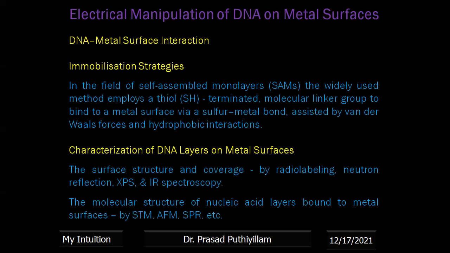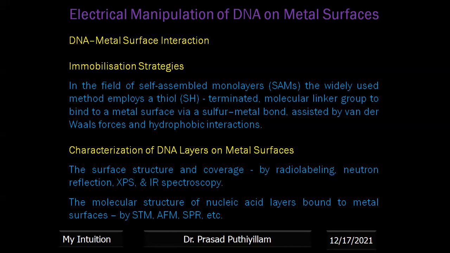Now, the immobilization strategies. Immobilization means how we make the DNA immobilize on the metal surface. Once the DNA is attached to the metal surface, it should not move from the surface; otherwise the studies are not possible. We call it immobilization. The immobilization of DNA layers on supporting metal surfaces is very important to study the electrical properties of DNA and its application.